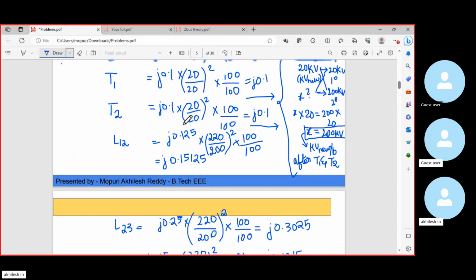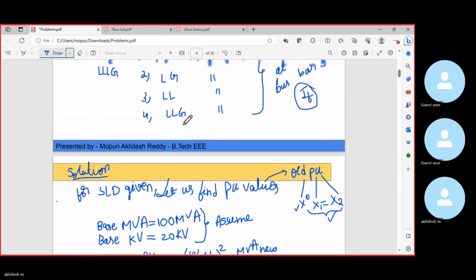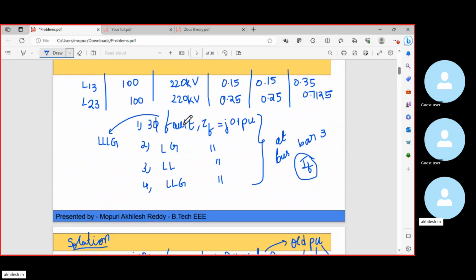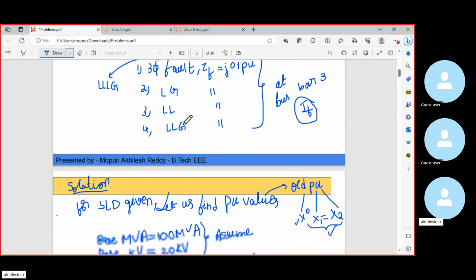First subdivision. What is the first subdivision? A three-phase fault has occurred at the third bus bar. What we need to do is find out the fault current. Fault current is my final result. So let us find out the first subdivision.